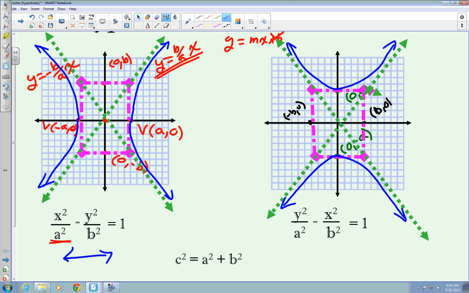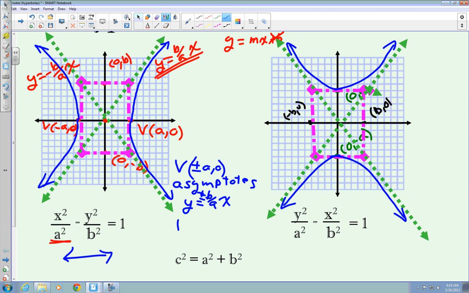The important parts are the vertices. If the x squared is first, the vertices are at plus or minus a, 0. Our asymptotes are at y equals plus or minus b over a times x, because we have a positive slope and we have a negative slope.